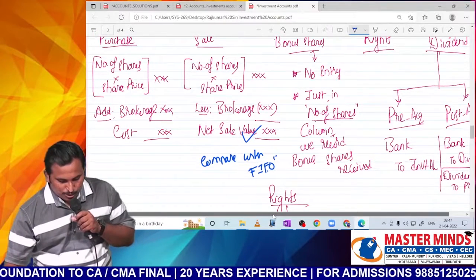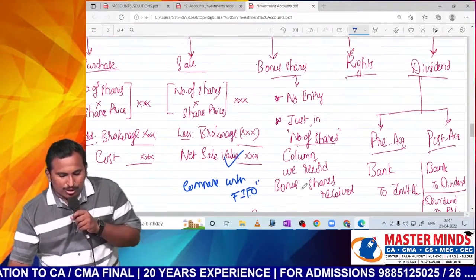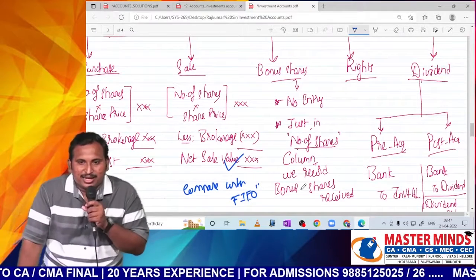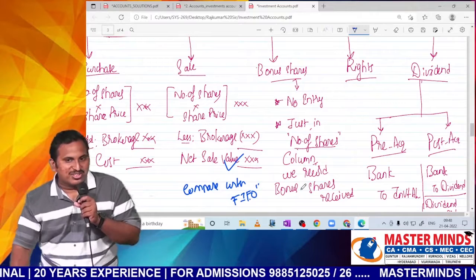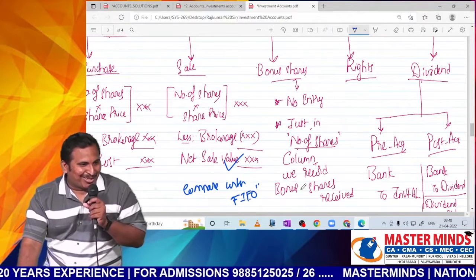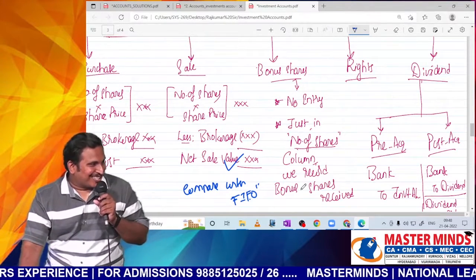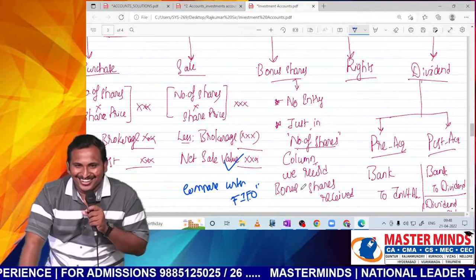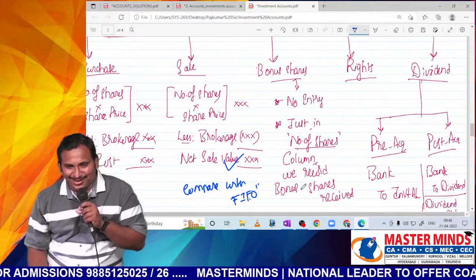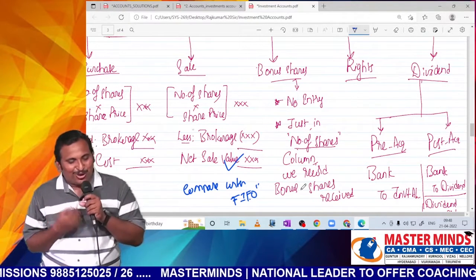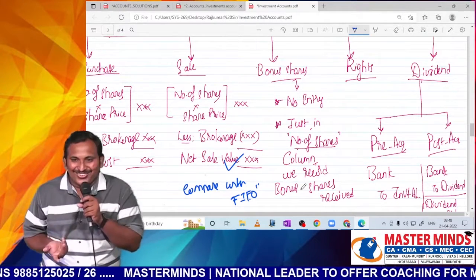One is bonus shares. How do you record bonus shares? For bonus shares, any entry? You are receiving bonus shares. Sir, our golden principle: if we receive anything, we have to debit it. So debit bonus shares, then what will you credit? You cannot credit anything. Even if you want to credit something, at what value will you write, sir?